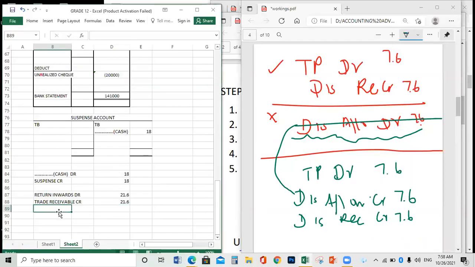Compare, check and tell me, is the debit side equal to the credit side, or is there a difference which you should transfer to suspense account?